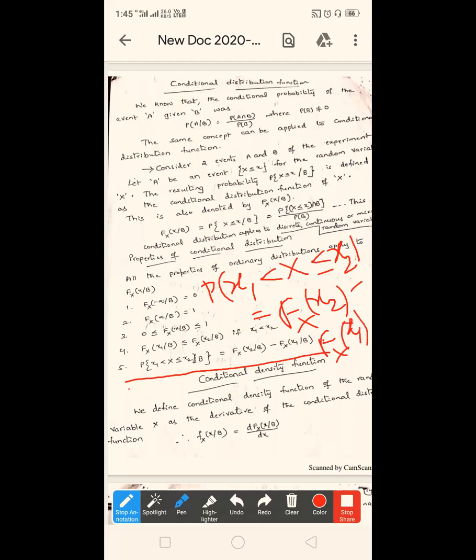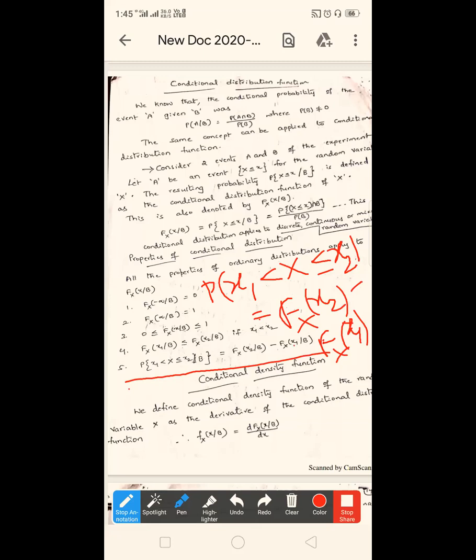In the properties of cumulative distribution function, I already explained this property with the help of proof also. This property was already proved.